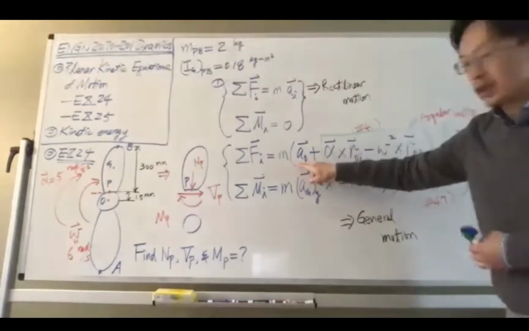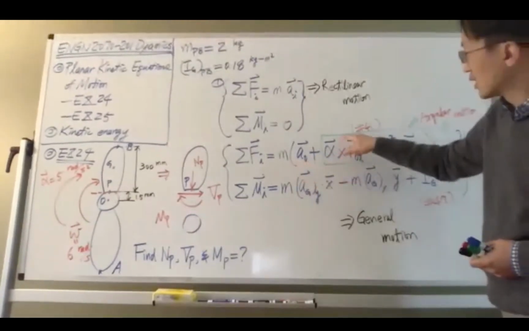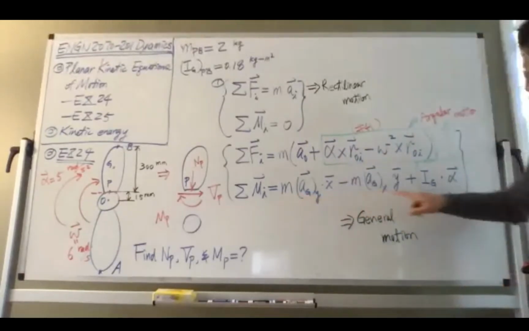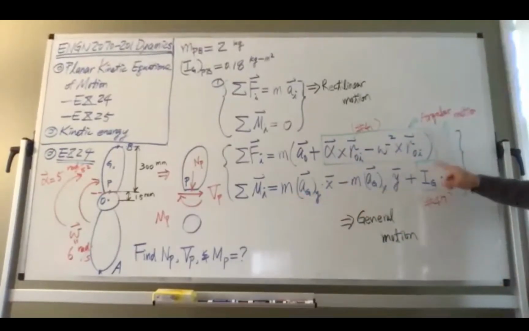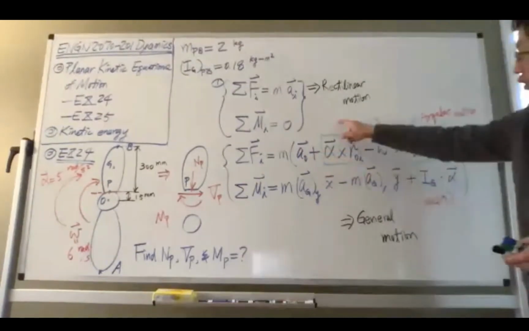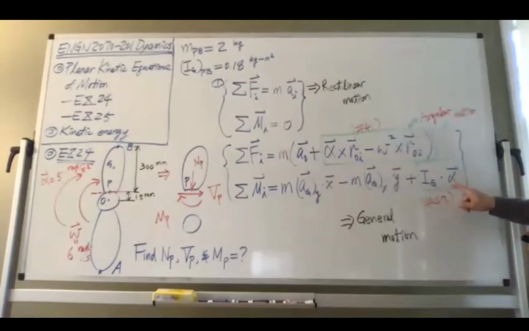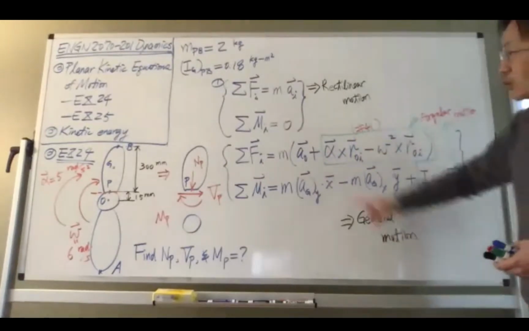The first part is rectilinear motion. And these two terms account for angular motion. Linear motion, angular motion. So once you don't have the angular motion components, you don't have alpha, you don't have omega, the equation will return to this.